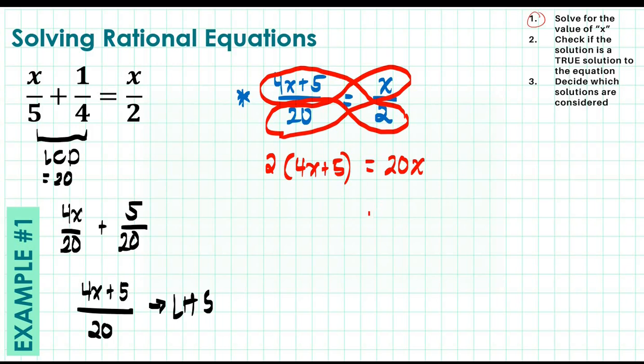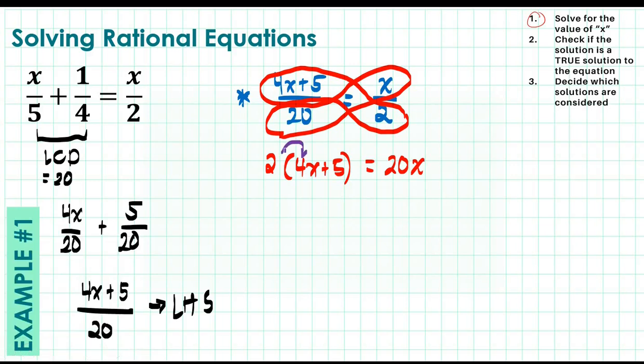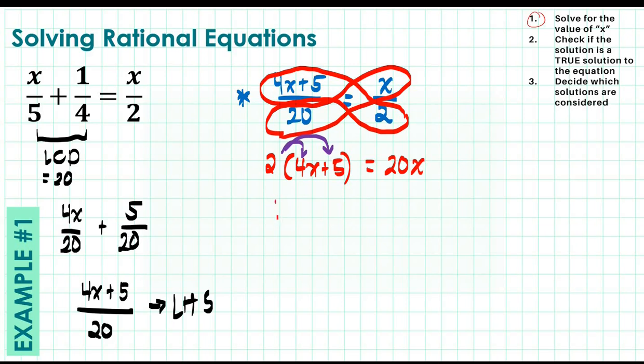We need to further simplify so that we can isolate x. So what are we going to do next? We just need to distribute, multiplying 2 to the binomial inside the parentheses. So that becomes 2 times 4x, we have 8x, plus 2 times 5 is 10, equated to the value of 20x.